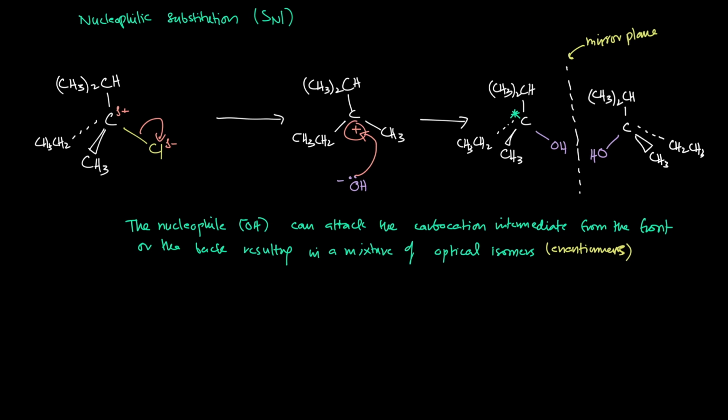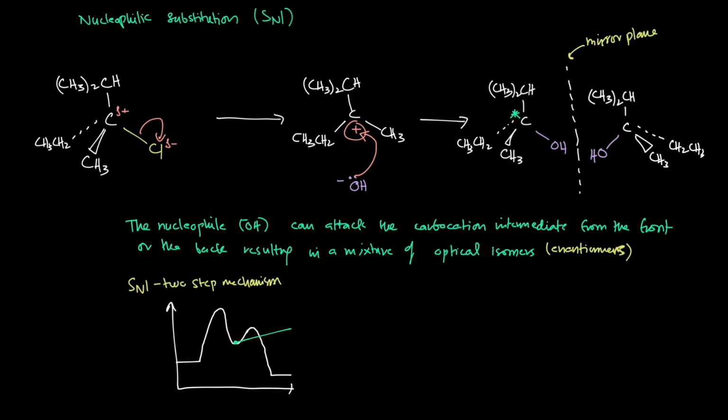When we talk about the SN1 mechanism, it's favored by tertiary carbocations or tertiary halogenoalkanes, and it's a two-step mechanism. You start with the reactants here. In the first step you have hydrolysis, and in the second step you have the bond formation between the nucleophile and the carbocation.